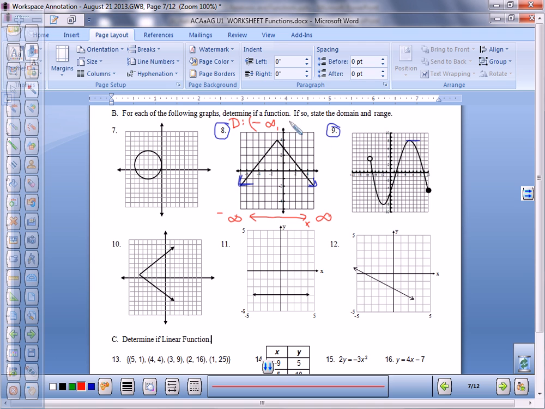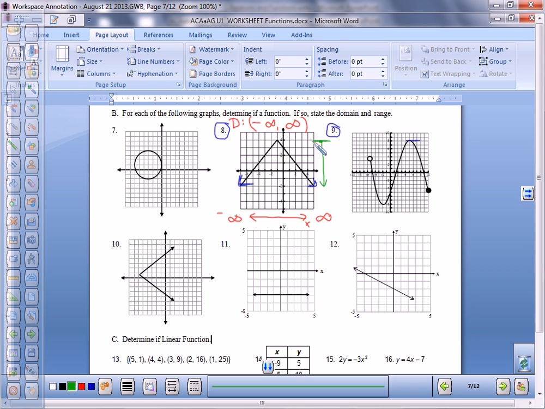All right, now let's look at our range. Our range is going to be our up and down. Do you see this one goes down forever, but it has a top point, doesn't it? So since it goes down forever, what describes down forever? Negative infinity. And what is this top point right here?